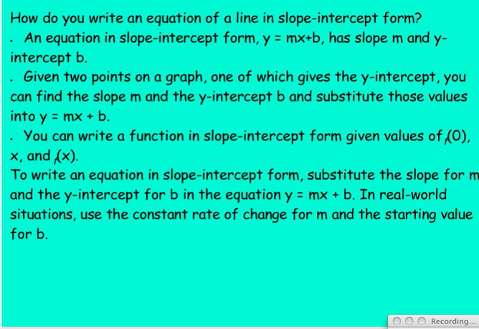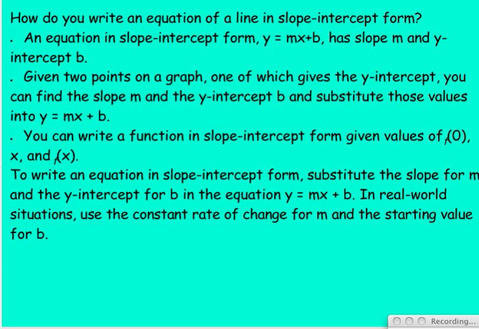And so this whole idea of how you do this y-intercept form, how do you graph an equation of a line with slope-intercept form? An equation is just the y equals mx plus b thing, and that y-intercept is b. When you are given 2 points on a graph, one of which gives the y-intercept, you can find the slope, and then you can plunk down the y-intercept and then substitute those values in.